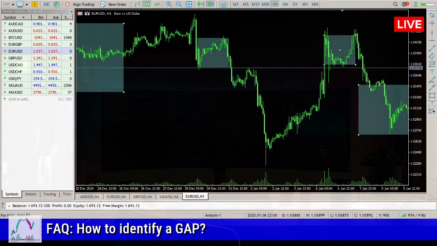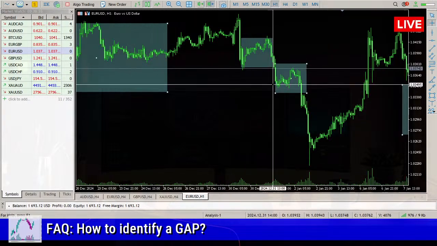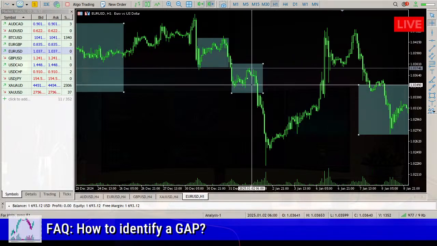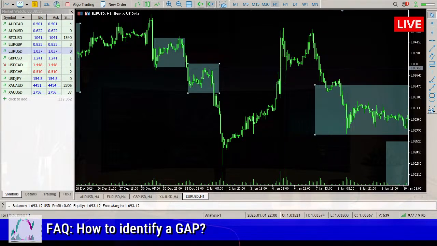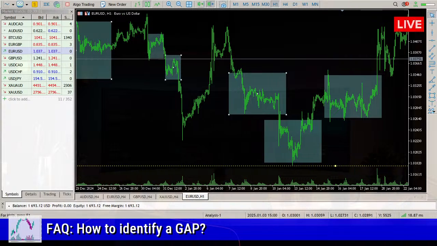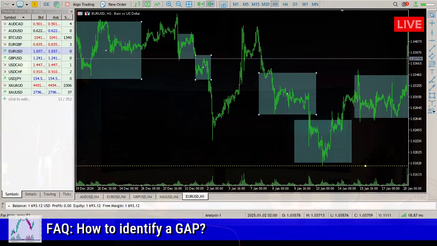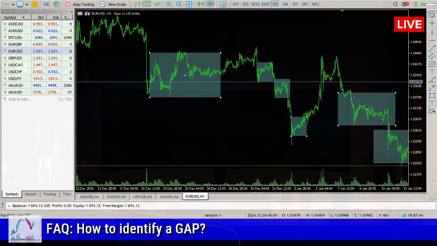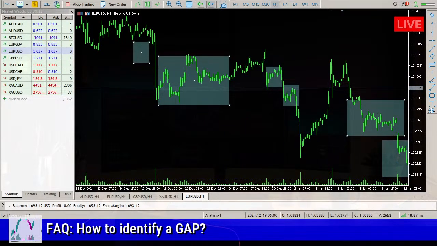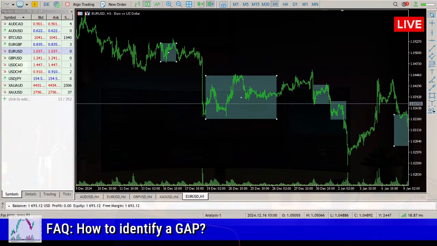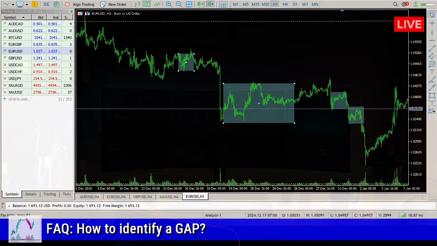Just to verify, this one belongs to the smaller time frame. Try to look for this one, for example. See, this is the market range for the 1 hour chart.